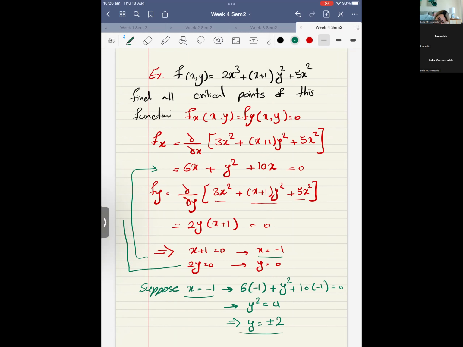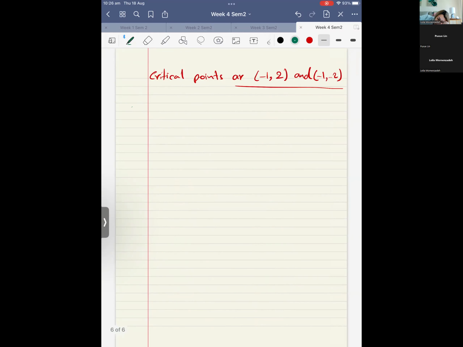Now check for y equals 0. Go back to this equation again. We suppose y equals 0, it means 6x2 plus 0 square plus 10x equals 0.